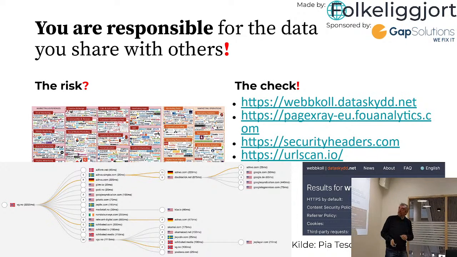Now, the largest fine or sanction that the Norwegian Data Protection Agency has done so far is to the dating app Grindr, which was 65 million Norwegian kroner. The reason is that they take the data of their users and send it out the back door to a population that looks somewhat similar to this.